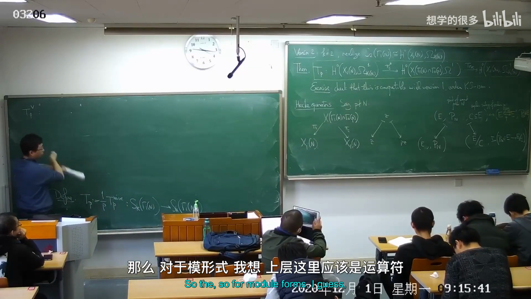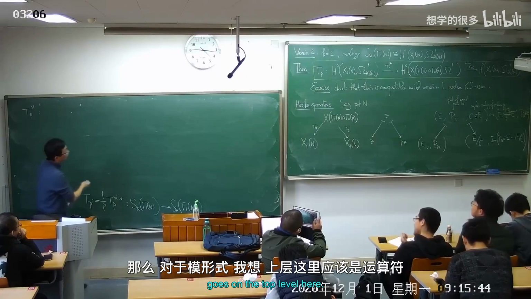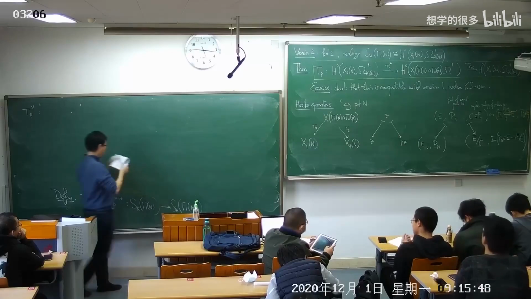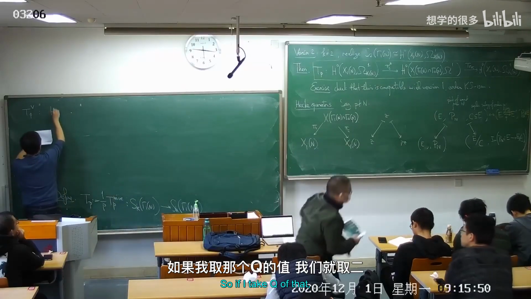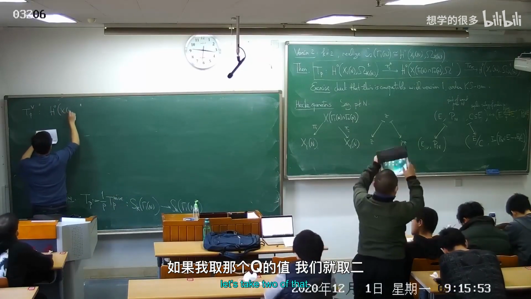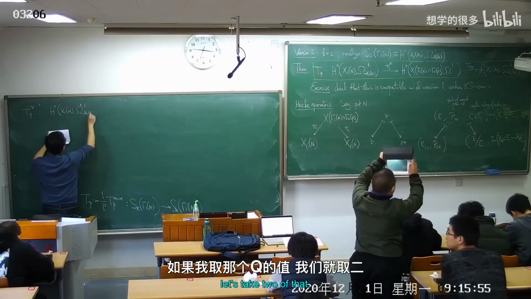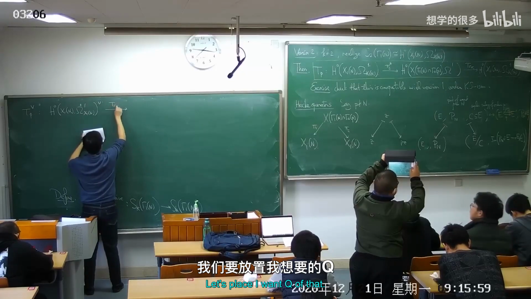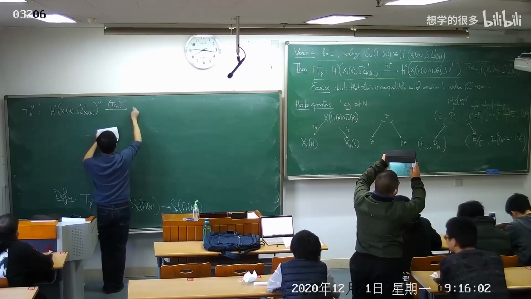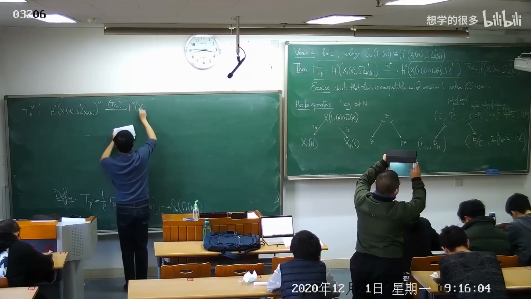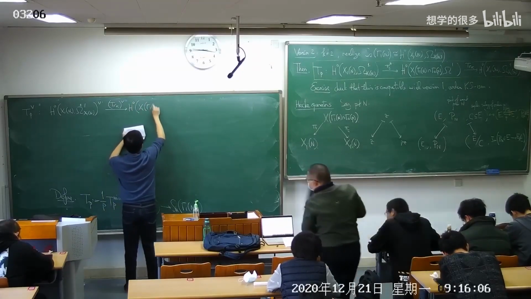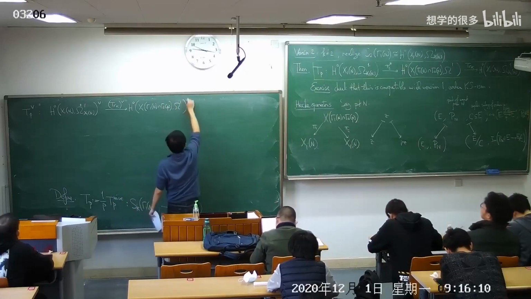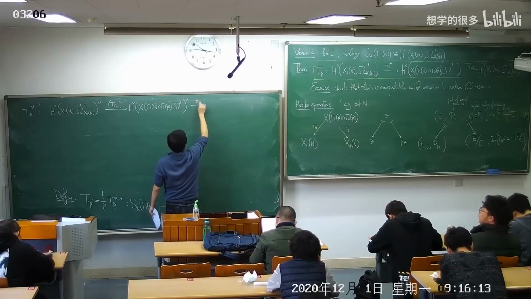So for modular forms, I guess the Hecke operator goes on the top level here. Let's take the dual of that and then discuss. So if I take the dual of that, it's twice I1 dual of that, pi 2 upper star.